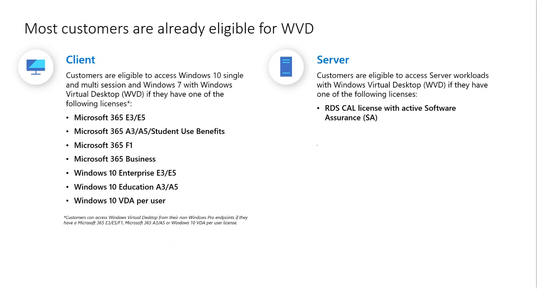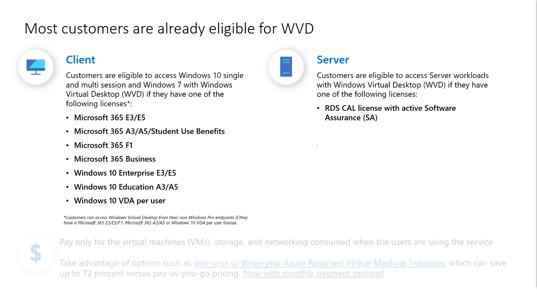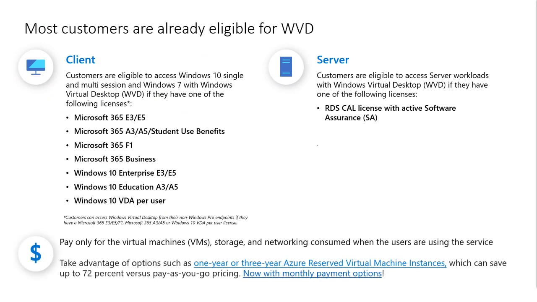You can still do that, right? And that advantage is mainly just to save on the infrastructure cost. The session host servers, you would still be paying full Windows VM rates on it.